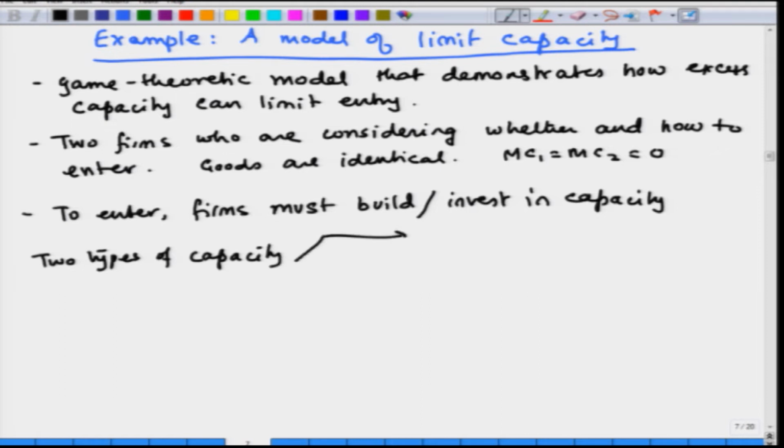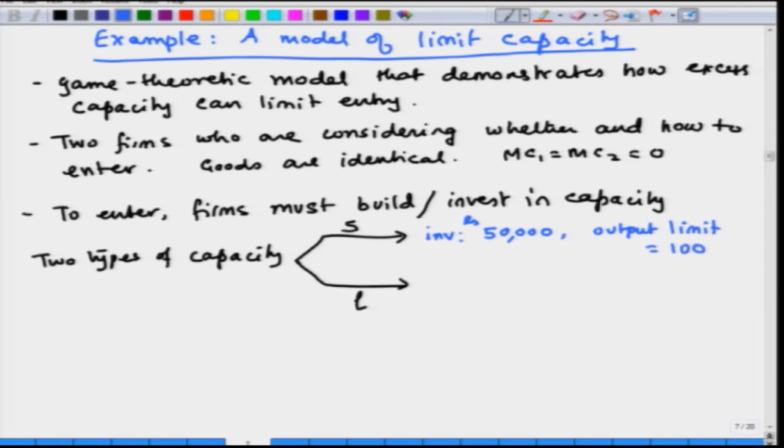It could either be a small facility or it could be a large facility, right. What I mean by a small facility is that if it is a small facility, the investment needed would only be, let us say, 50,000 rupees, but the maximum output that can be produced is, so output limit is 100, right.